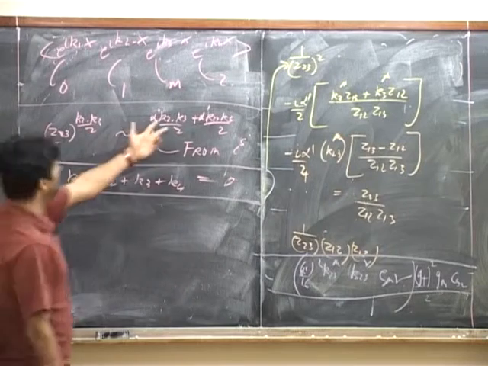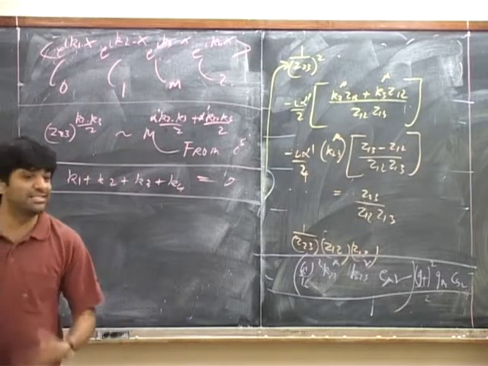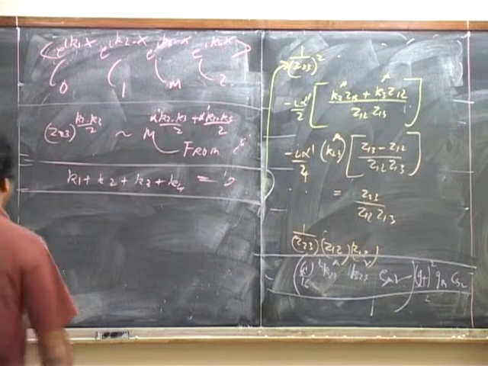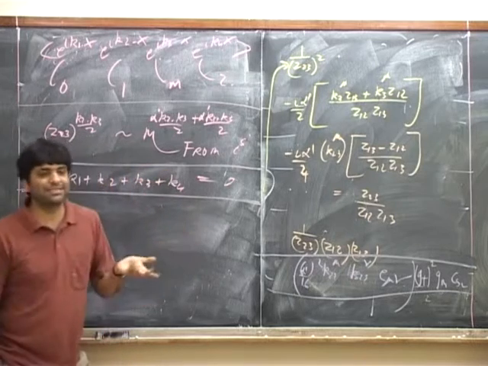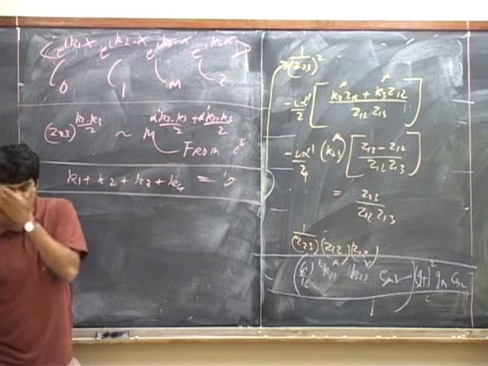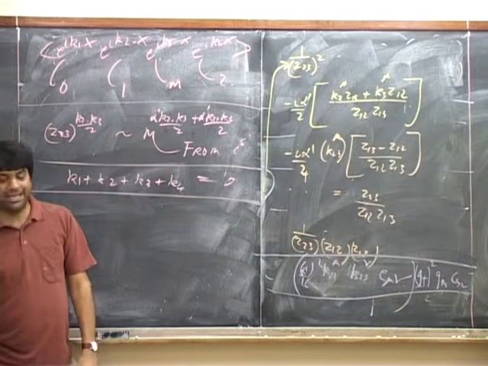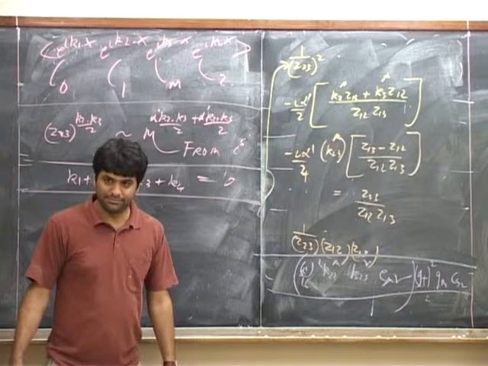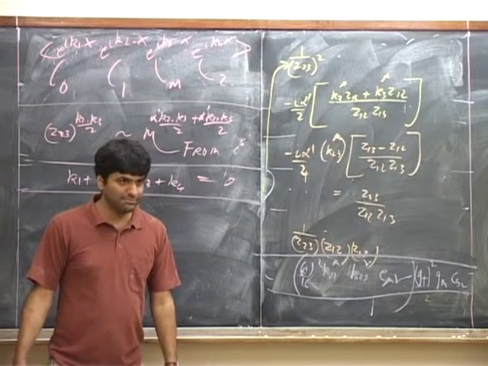So K2 dot K3 is equal to K2 plus K3 the whole thing squared, minus K2 squared minus K3 squared, by 2. That's true. But K2 plus K3 squared is nothing simple. Is it clear?